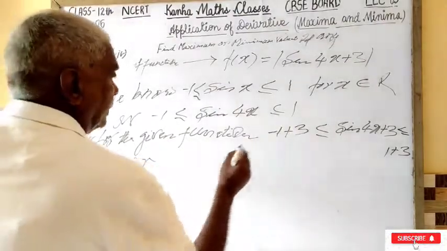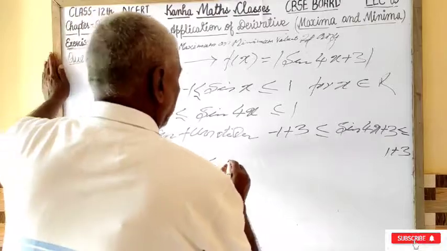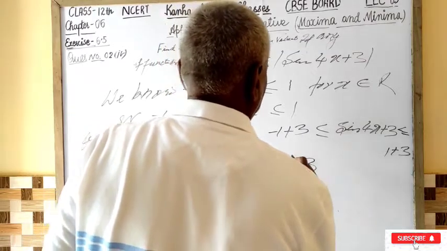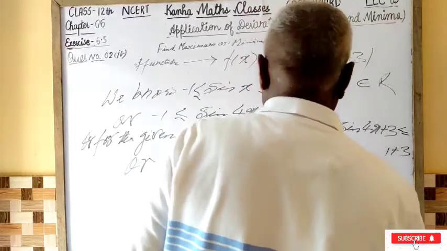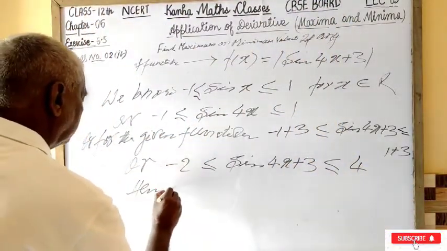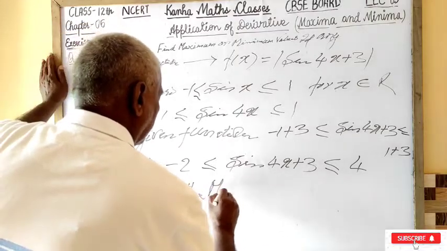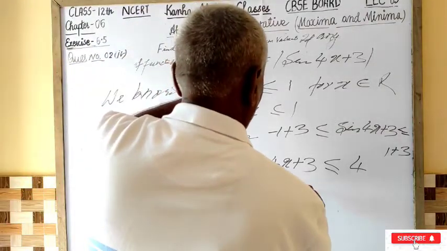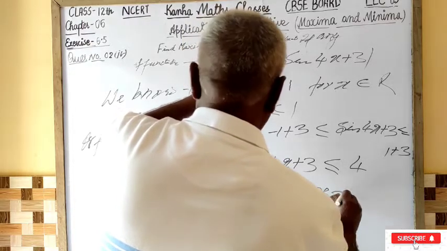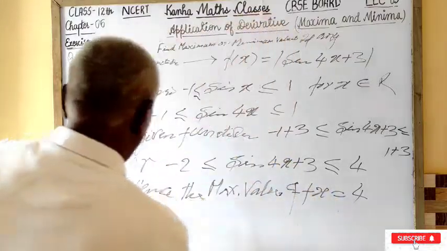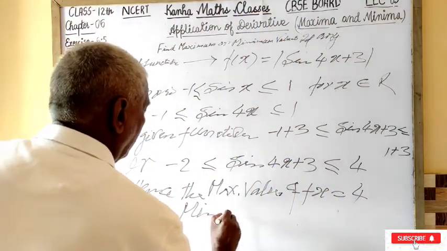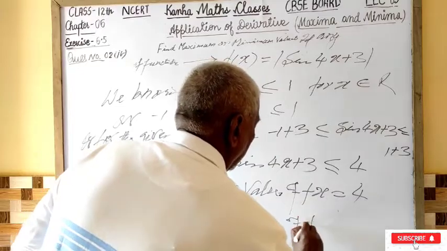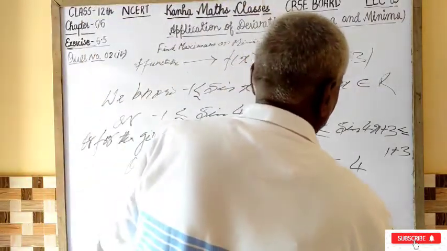Minus 1 plus 3 is 2, and 1 plus 3 is 4. Hence, the maximum value of f(x) is equal to 4 and minimum value of f(x) is equal to 2.